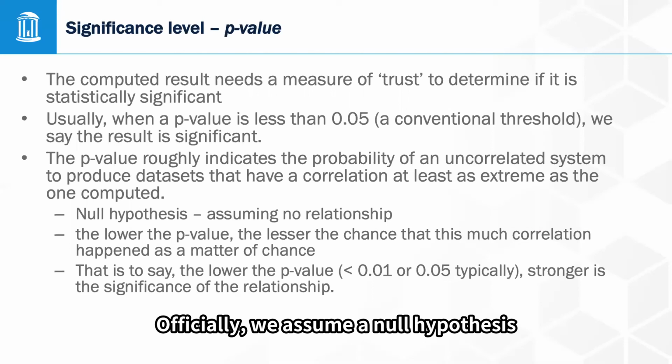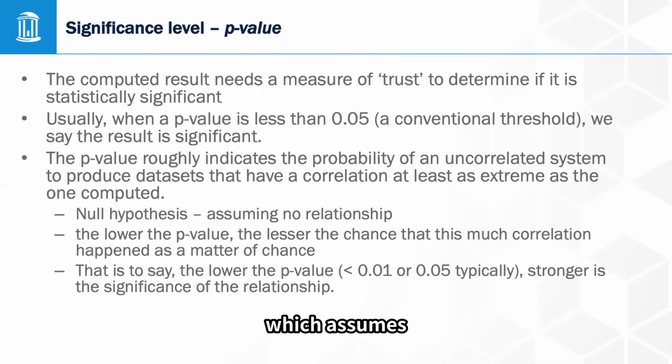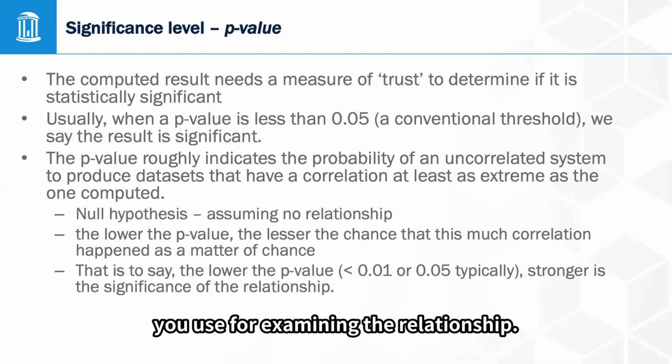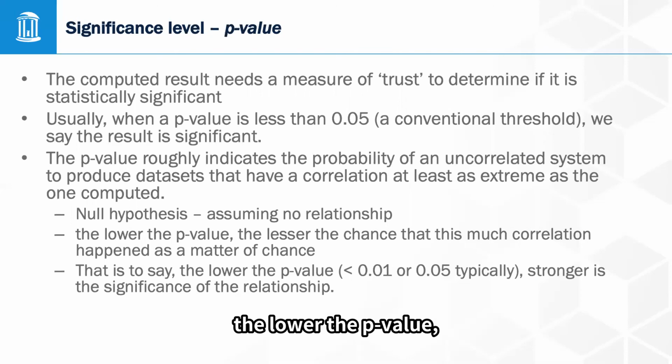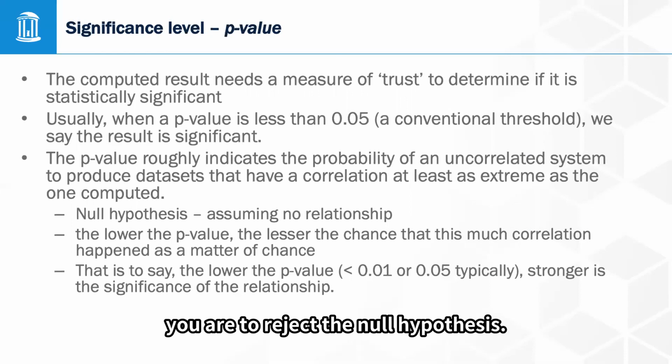Officially, we assume a null hypothesis at the very beginning, which assumes that there is no relationship between the two variables you are investigating. Then we calculate the p-value according to the test you use for examining the relationship. The lower the p-value, the more confident you are to reject the null hypothesis.